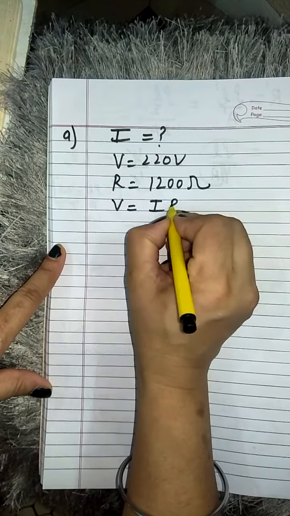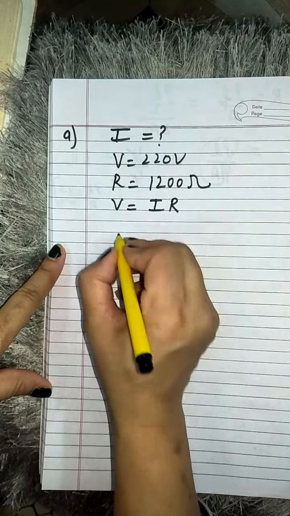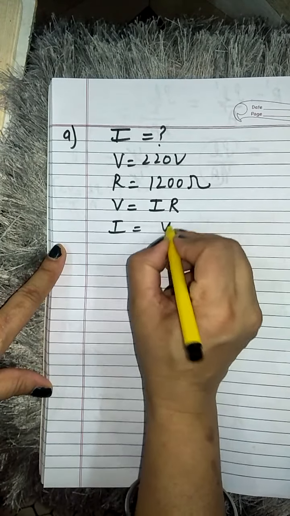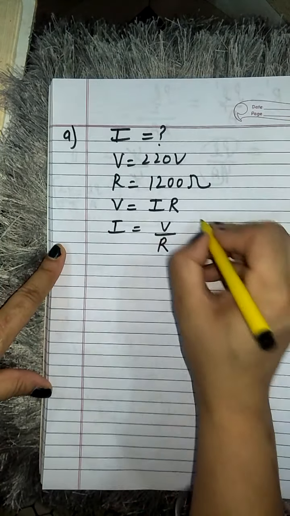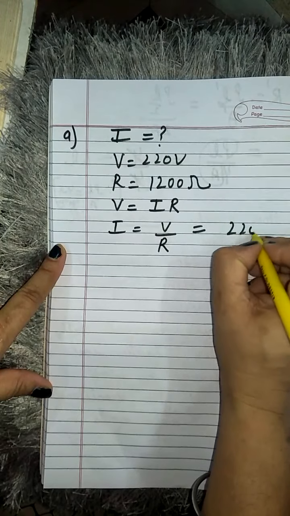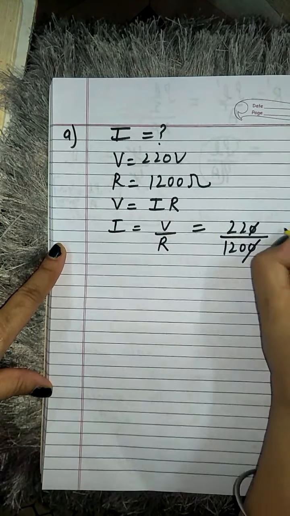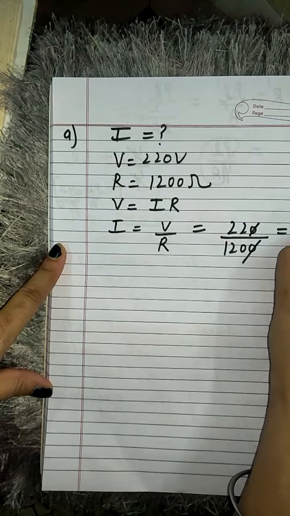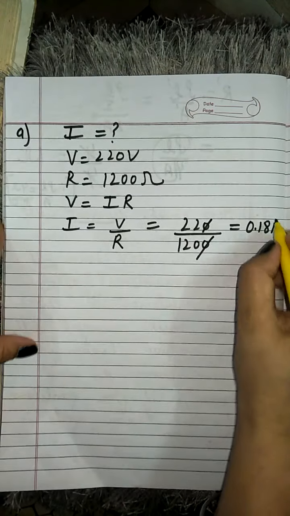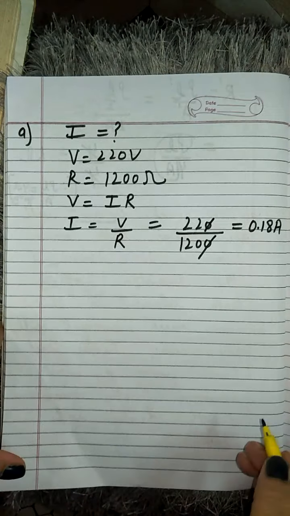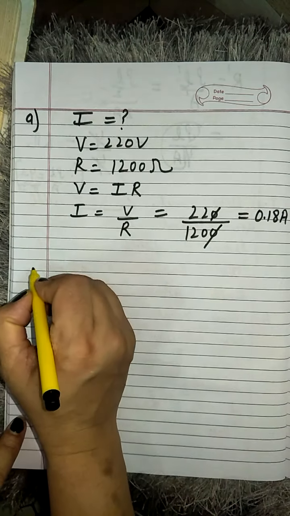V is equal to IR. You want to find I, so I will be given by V by R. So V is 220 divided by 1200. It will cancel out, and when you calculate, your answer will come out to be 0.18 amperes.